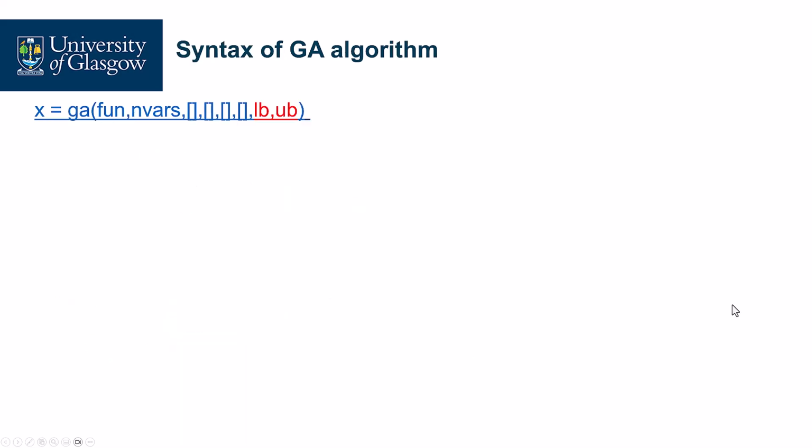If you want to set the search bound, you can use a somewhat more complex format, like this: lb, ub. Before lb, ub, you can see there are four empty square brackets. What are they? These are for inequality and equality linear constraints.